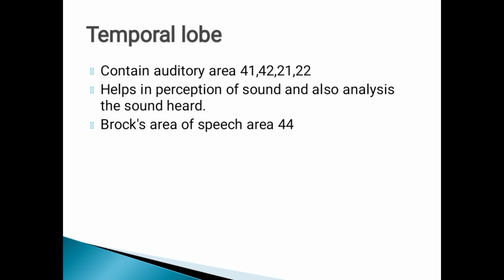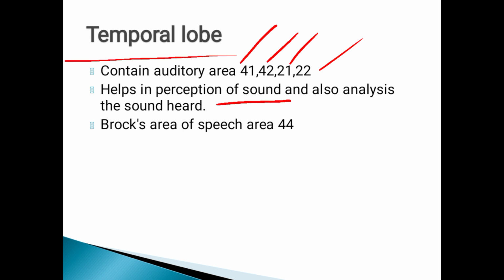Next is the temporal lobe. The temporal lobe mainly contains area numbers 41, 42, 21 and 22. This temporal lobe helps in perception of sound. Whatever sound you are hearing mainly goes to the temporal lobe, and it also analyses the sound heard.